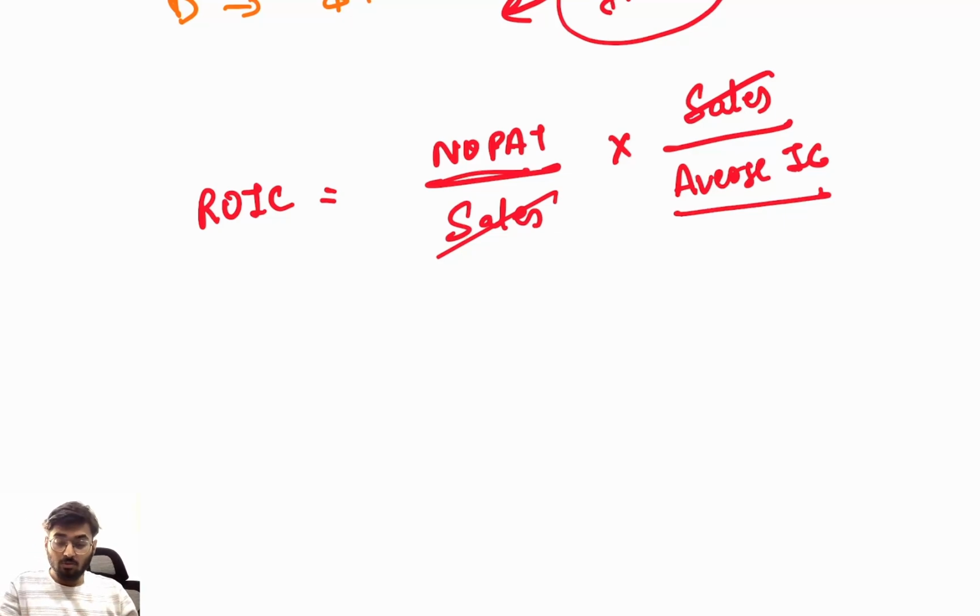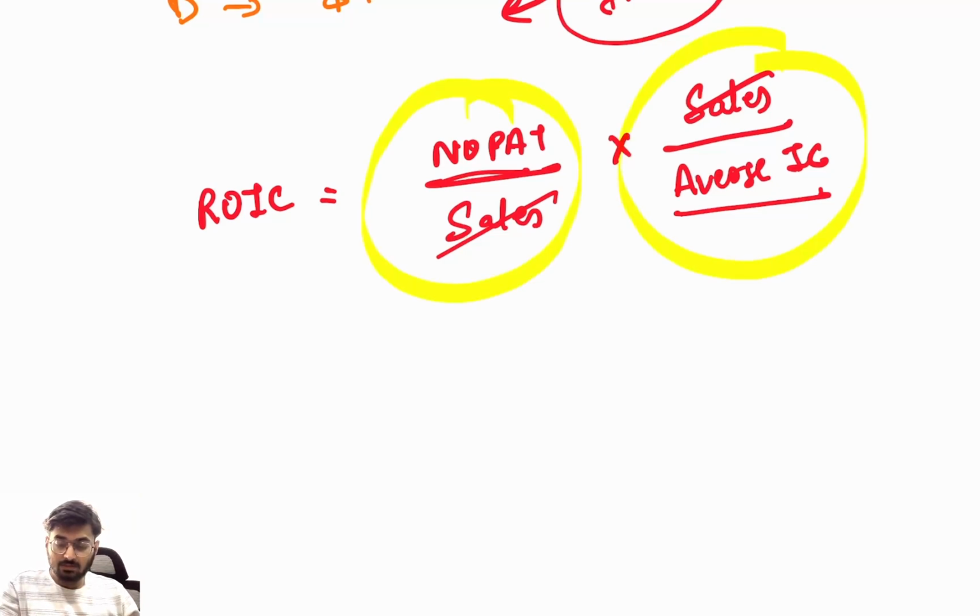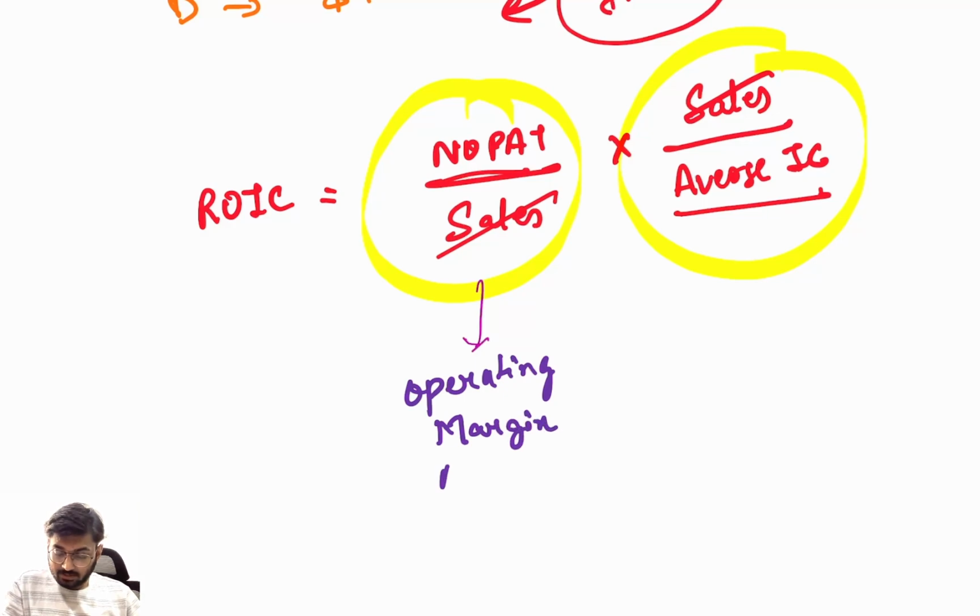Now these two, what are they? This one is nothing but, if you look carefully, an operating margin. If you are dividing something by the sales, it will become what? After-tax operating margin, or you can say operating margin after tax.